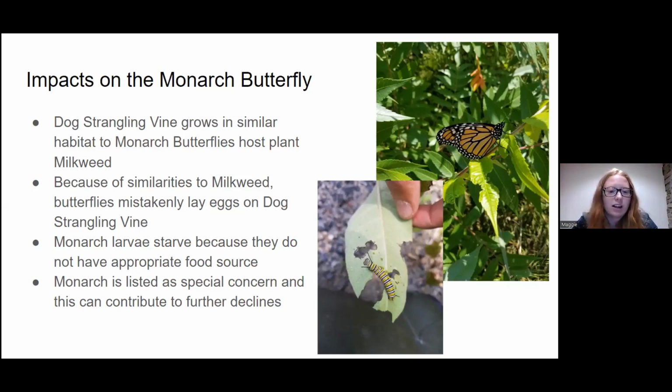And once the larvae hatch, they don't have an appropriate food source available to them, so they usually end up starving. And so this is just another concern for the species, because it's now listed as a special concern. It can potentially contribute to further declines in the future.